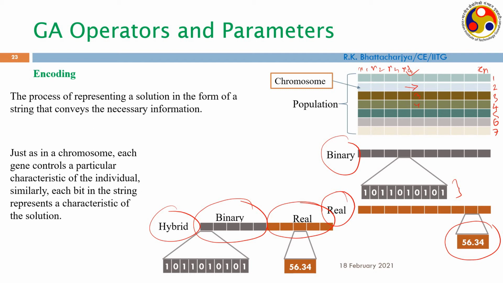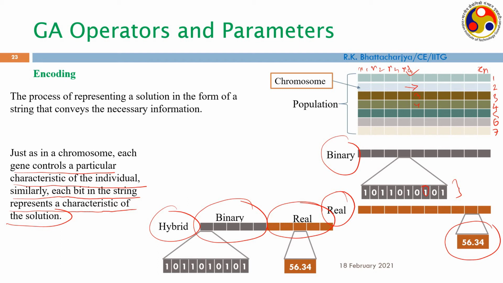Just as in a chromosome, each gene controls a particular characteristic of the individual, similarly each bit of the string represents a characteristic of the solution. If I change any particular bit, from 0 to 1 or 1 to 0, then the solution will change.